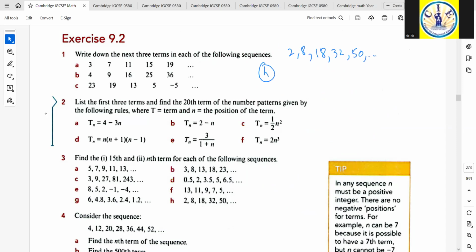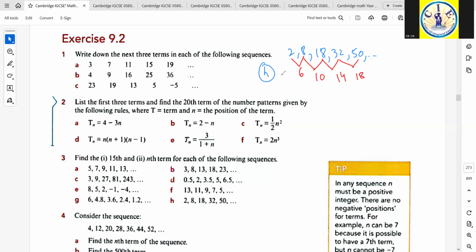Here we observe, if we subtract, 8 minus 2 is 6, then 18 minus 8 is 10, then 32 minus 18 is 14, and then 50 minus 32 is 18.